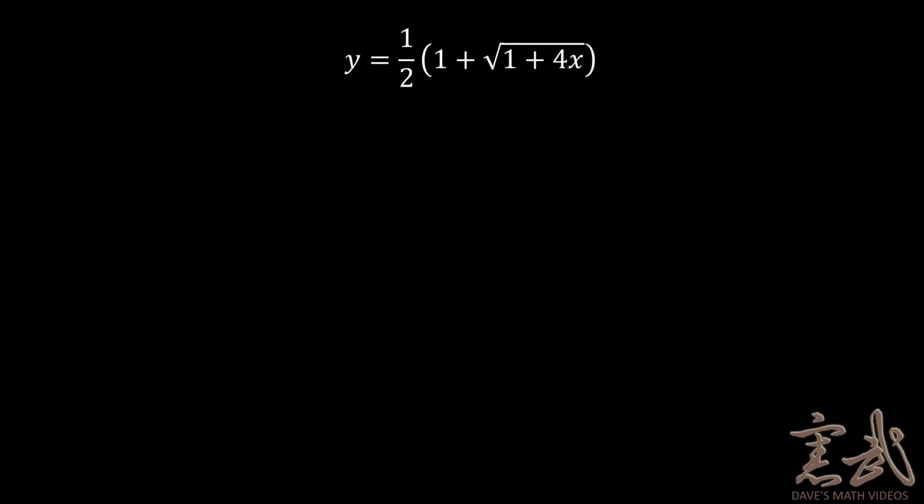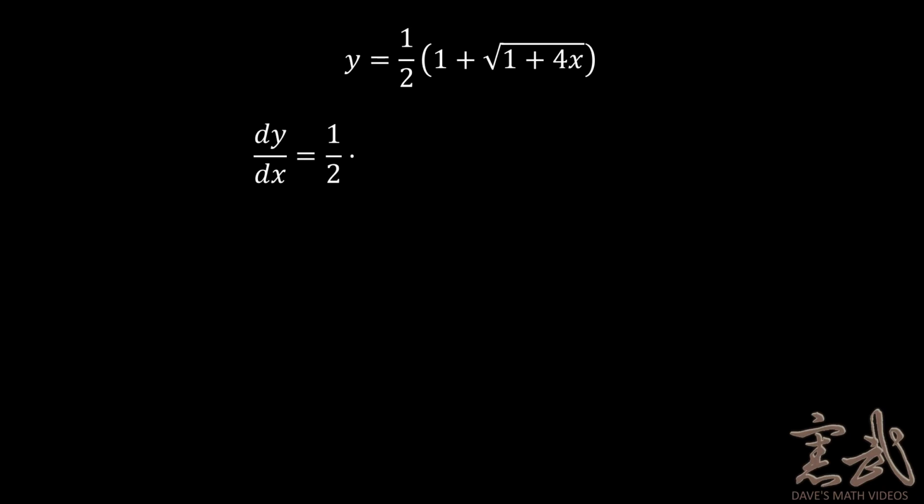At this point, this thing will become much easier to take the derivative or take the integral of. So we can take the derivative by using a combination of the power rule and the sum rules.